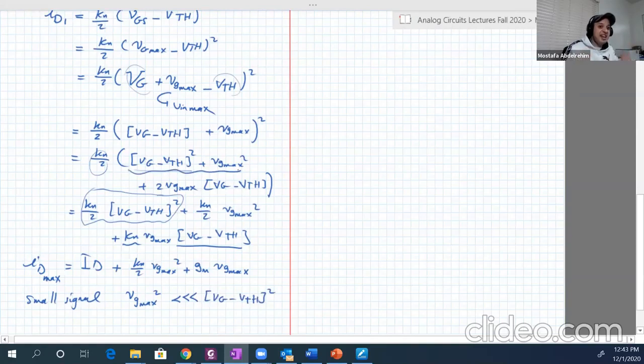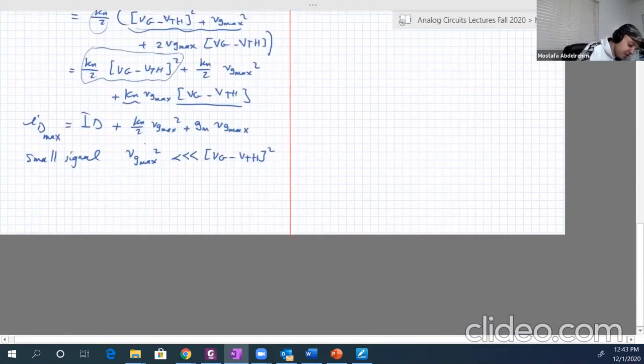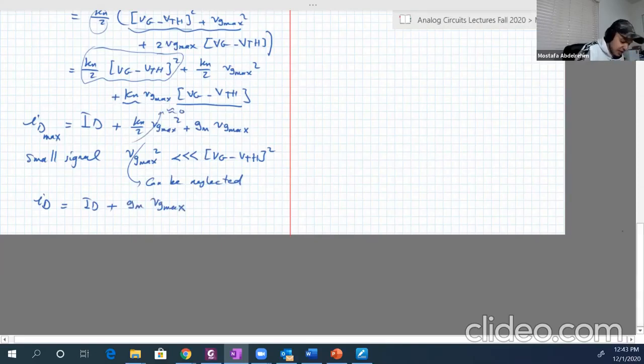So we can basically neglect vg max squared. Based on that, iD equals ID capital plus Gm vg max. This is DC, and this is pure AC.